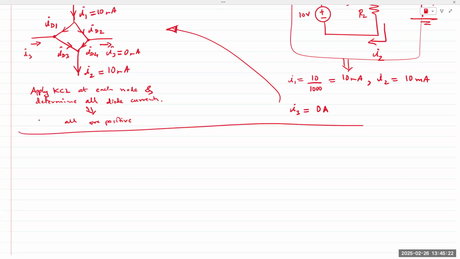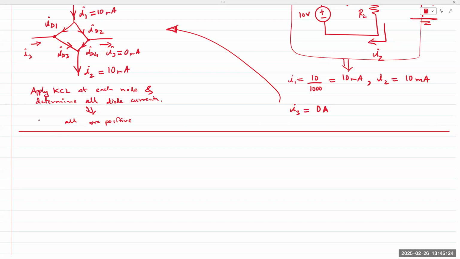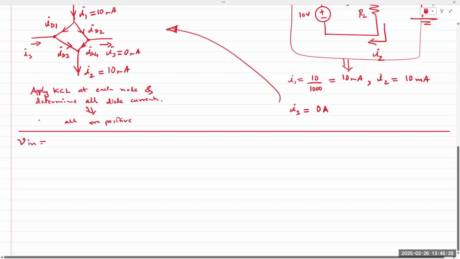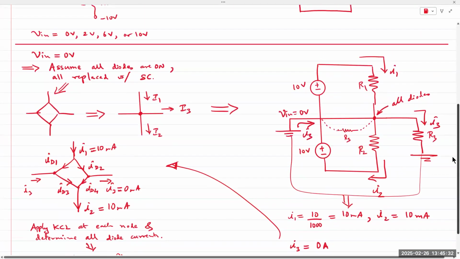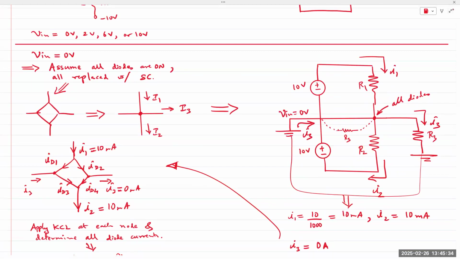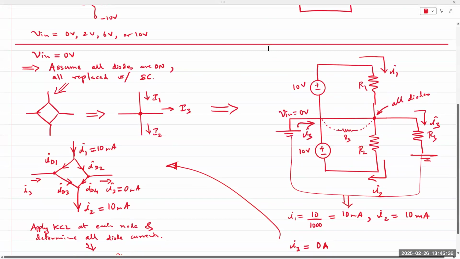So if V in is 2 volts, 6 volts, or 10 volts, this is how the circuit should look. We have our standard circuit like this. I'm just going to copy this directly, and so that makes things easier for me.